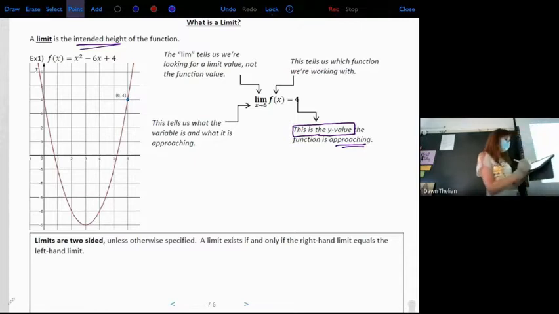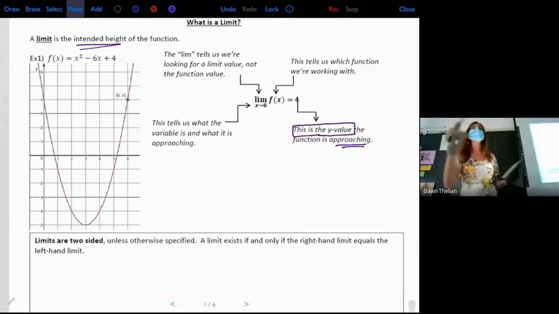As we're approaching x equals 6, they mean from both sides. Picture the line of the function as a road. As you're approaching x equals 6 from both sides, what is your intended destination? It looks like we do actually wind up with the y value of 4, and that's why this answer is here.